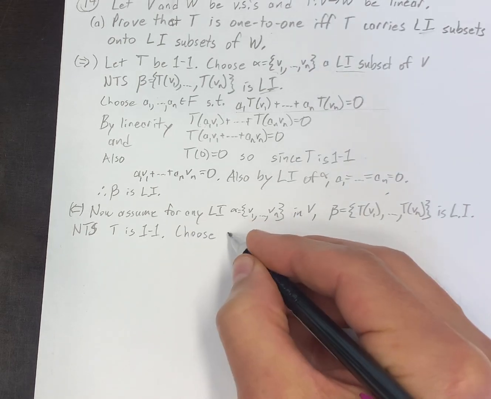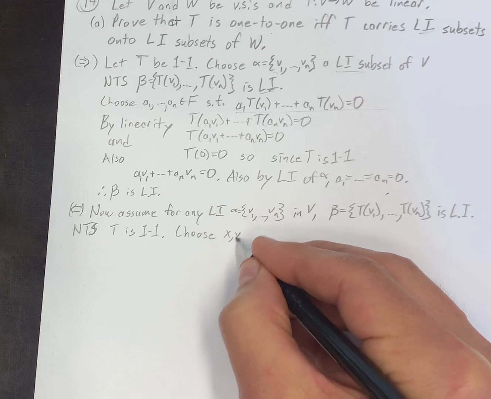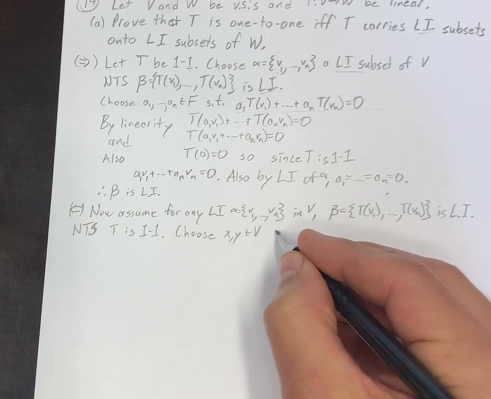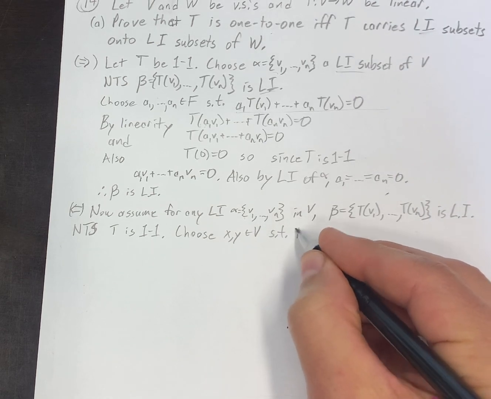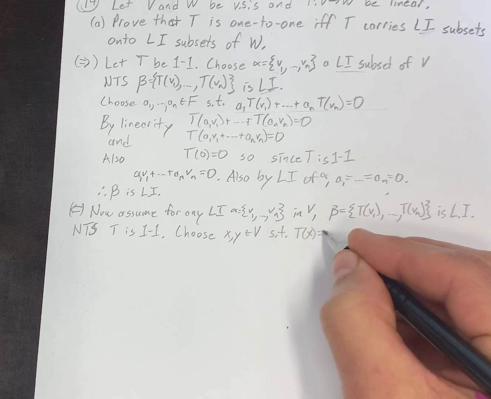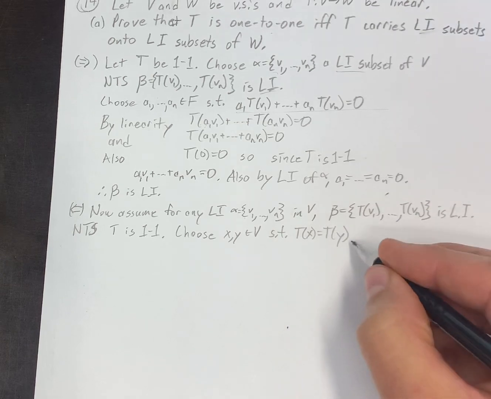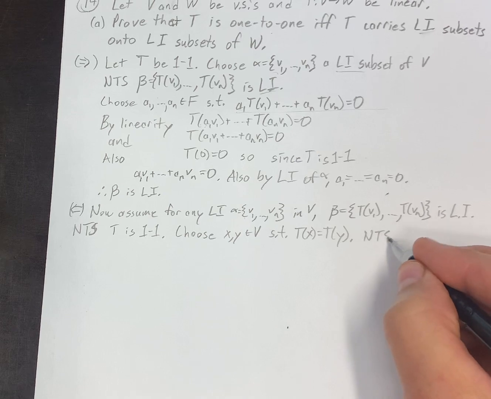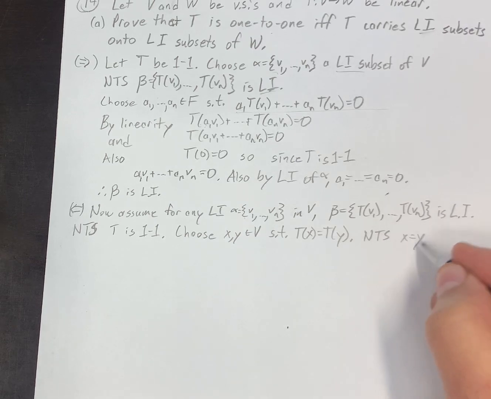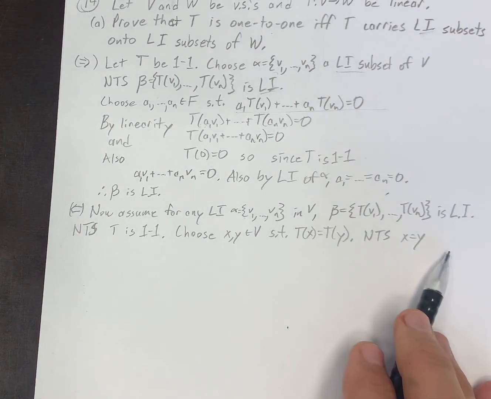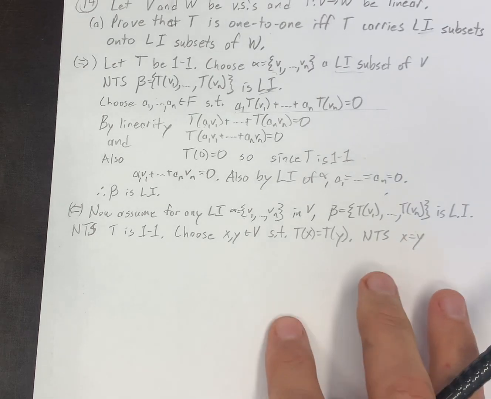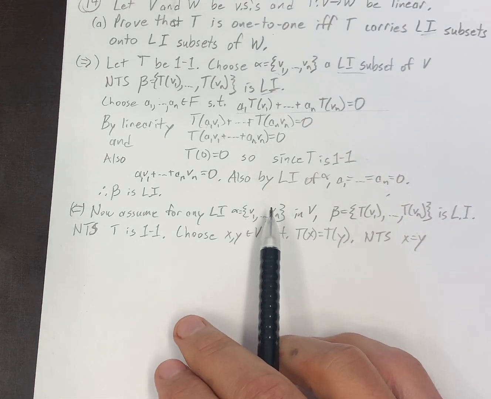Choose x and y in the domain such that T of x equals T of y. So to be 1 to 1, all we really need to show is x equals y. Well, I don't know what to do with x and y, but I'd like to work with something that's linearly independent.